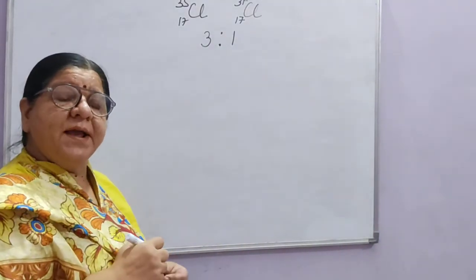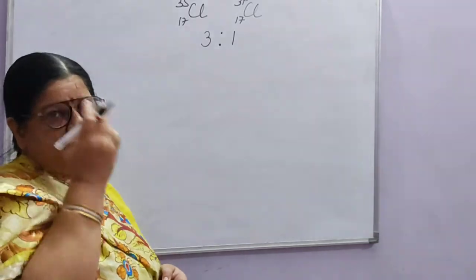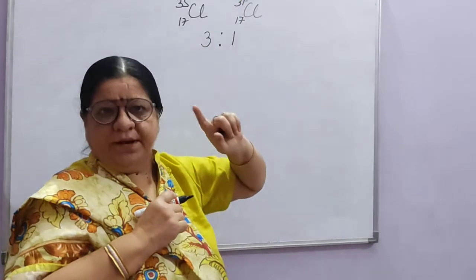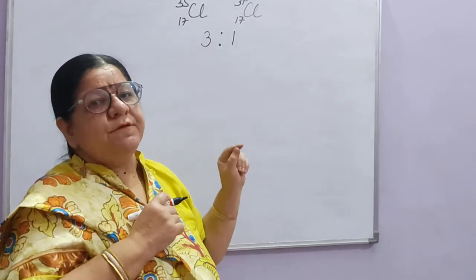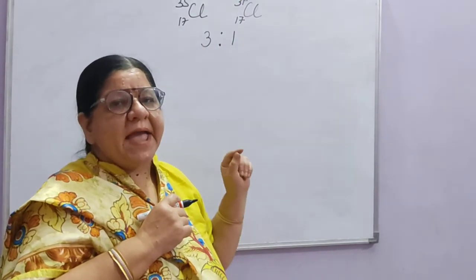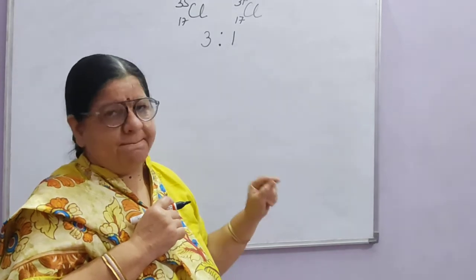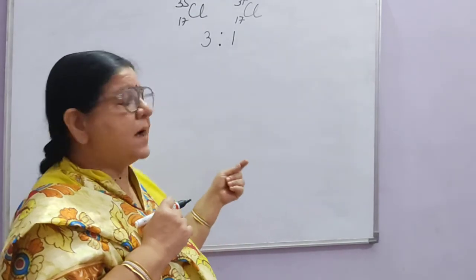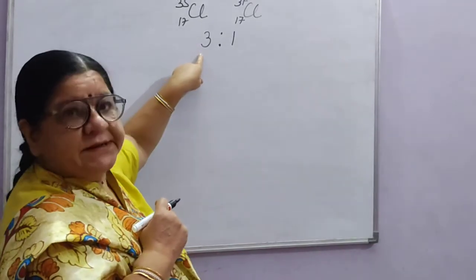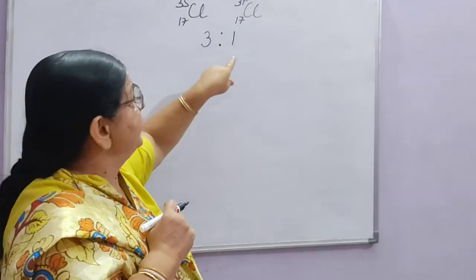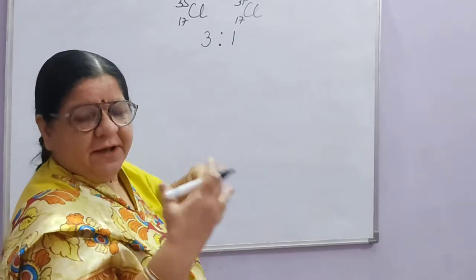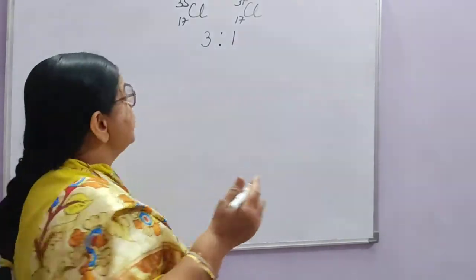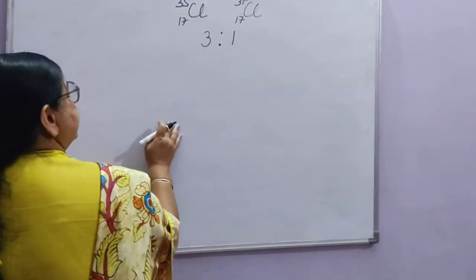Now the question arises, what should be taken as the atomic mass? Either we take it as 35 or 37. So here we have to take the average atomic mass. And to find out the average atomic mass, we should know the percentage of each atom, the number of atoms which are present in that element. Now how to find out the percentage?